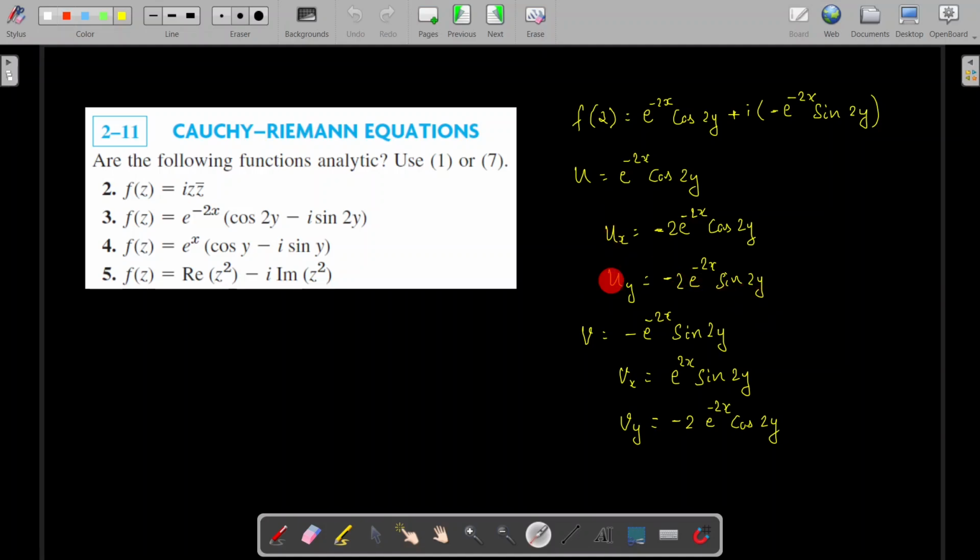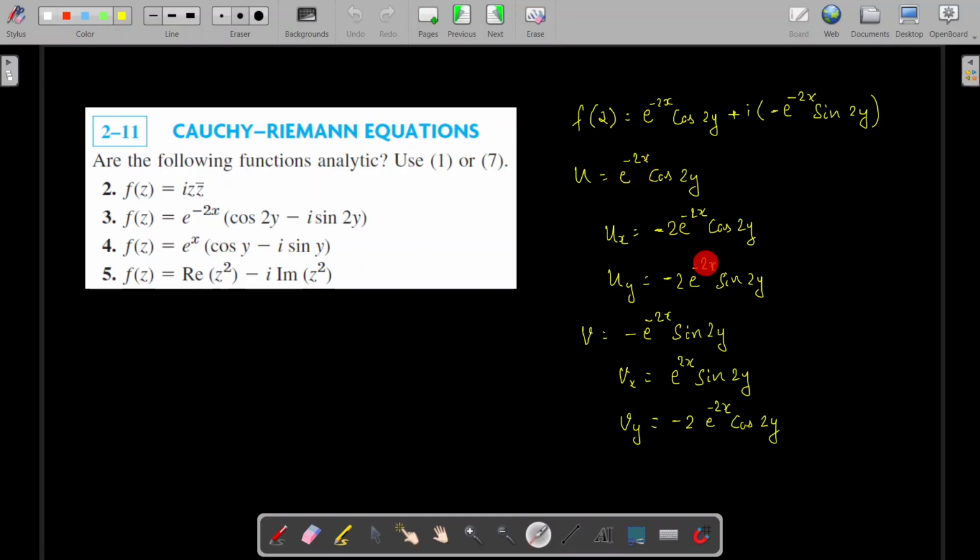So you can find ux and uy. While finding ux, we are considering cos 2y as a constant. So ux is equal to the derivative of e raised to minus 2x with respect to x, that is minus 2 into e raised to minus 2x. This cos 2y is treated as a constant, so we multiply with a constant. Now finding uy, we may treat e raised to minus 2x as a constant.